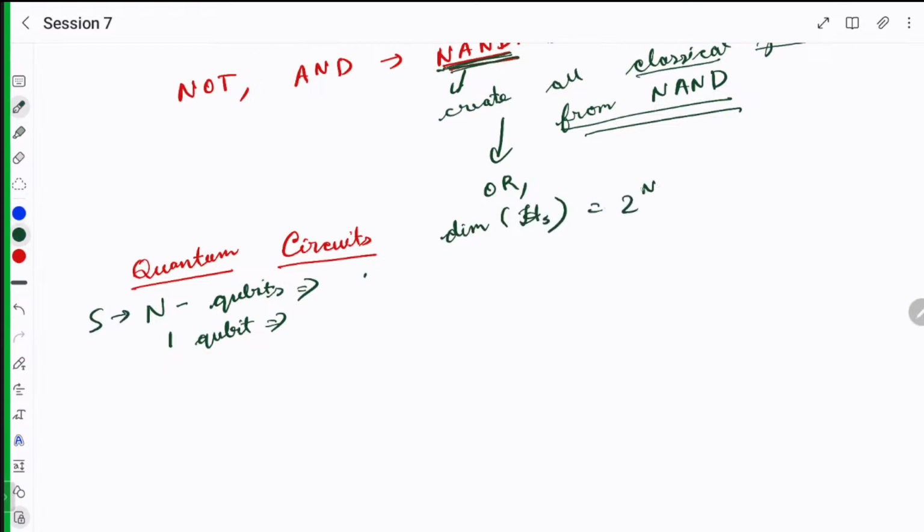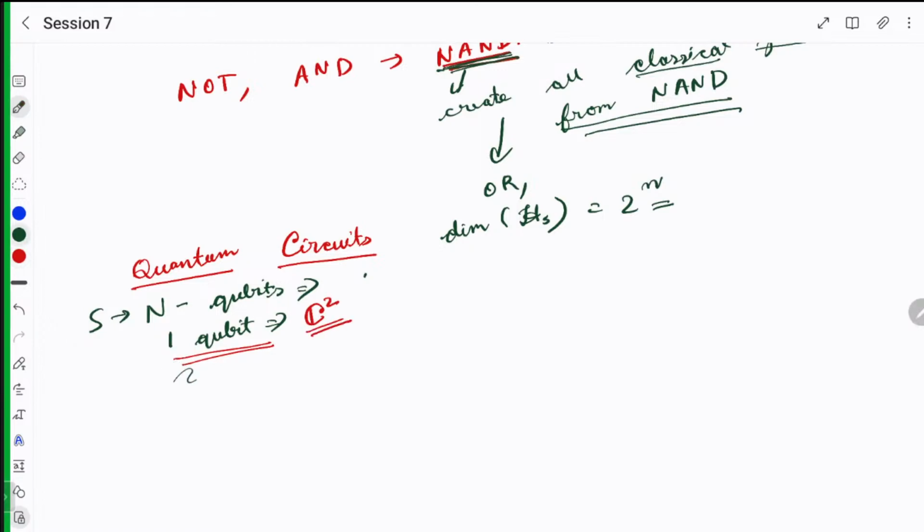That is right. But what will be the Hilbert space itself? For 1 qubit, can you tell me what will be the Hilbert space? Okay, 1 qubit, as we had learned a long time ago, is C2.